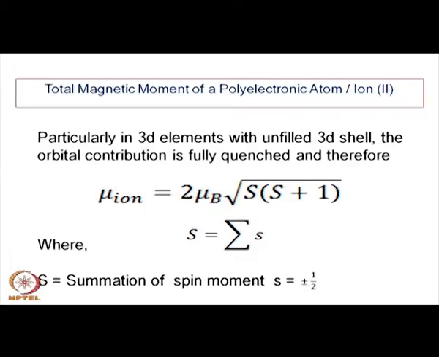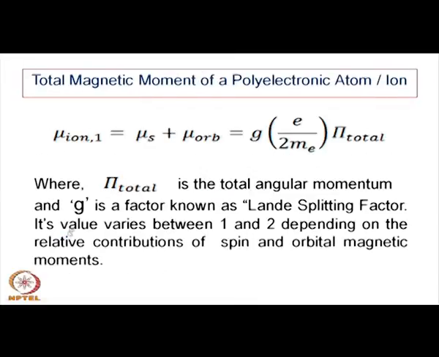That is what we call the orbital contribution being fully quenched, and therefore, the ion's or the atom's contribution is 2 μB root over S, that means one of the terms is dominating.